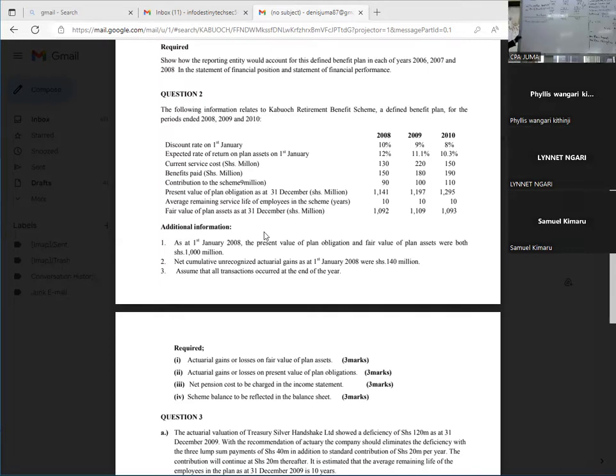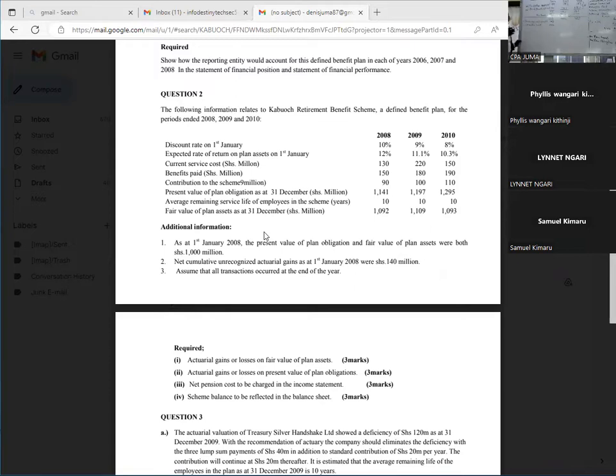What was the unrecognized gains at the start of the year, in 208? It was 140. Then the corridor dictates this year. So the corridor limit is how much? 100. So the gain up to 100 should just be capitalized as part of the normal contribution.